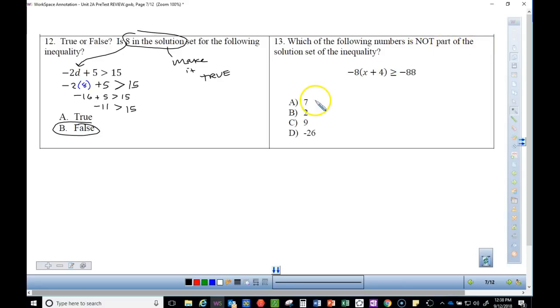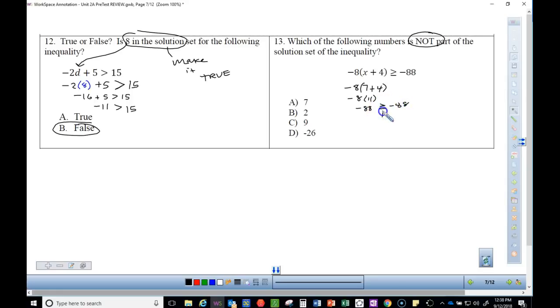So we have to plug them in and see which ones do not make it true, so not part of the solution. If I plug in 7, I would have 7 plus 4 times negative 8. So that's going to be 11 times negative 8. Negative 88 is greater than or equal to negative 88.